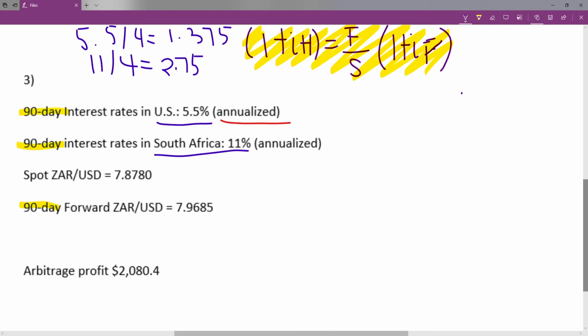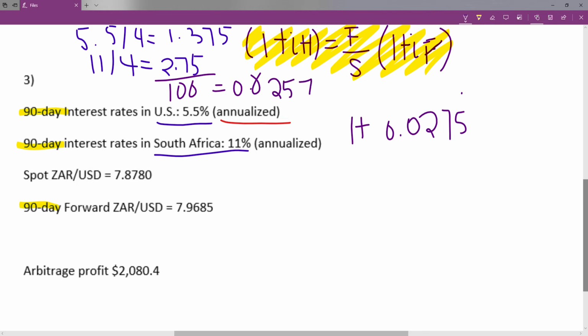So now we're going to take our percentages. Following the formula, it's going to be 1 plus 0.0275. And how did I get 0.0275? If you just go in your calculator and divide 2.75 by 100, that's going to give you the decimal version of this.